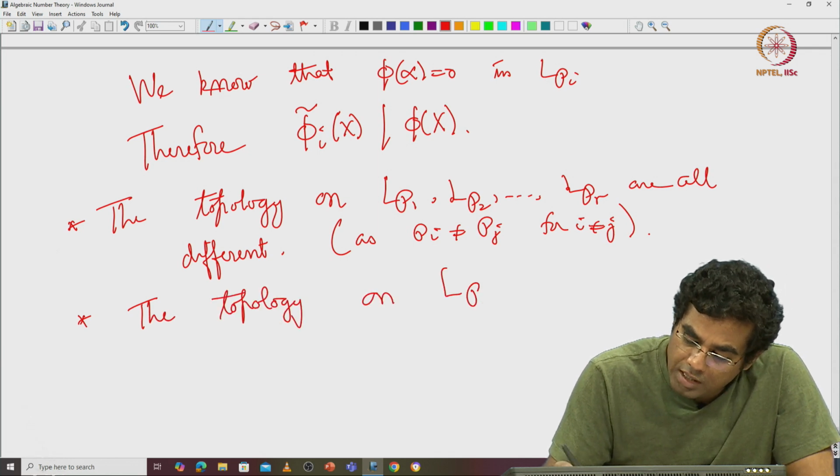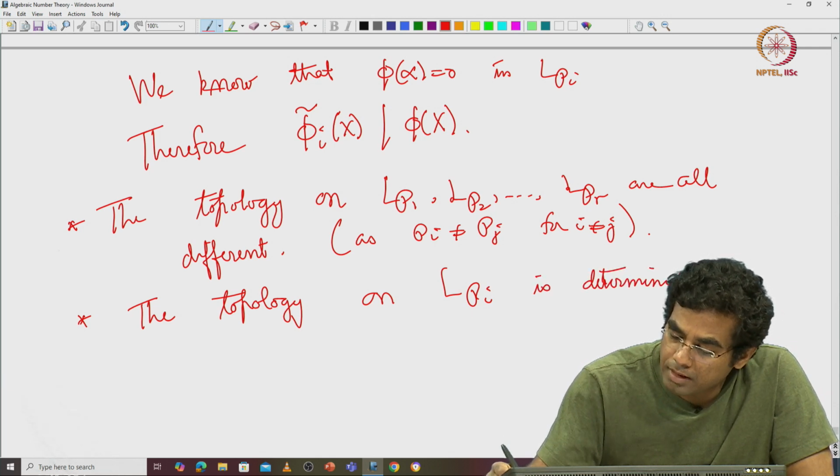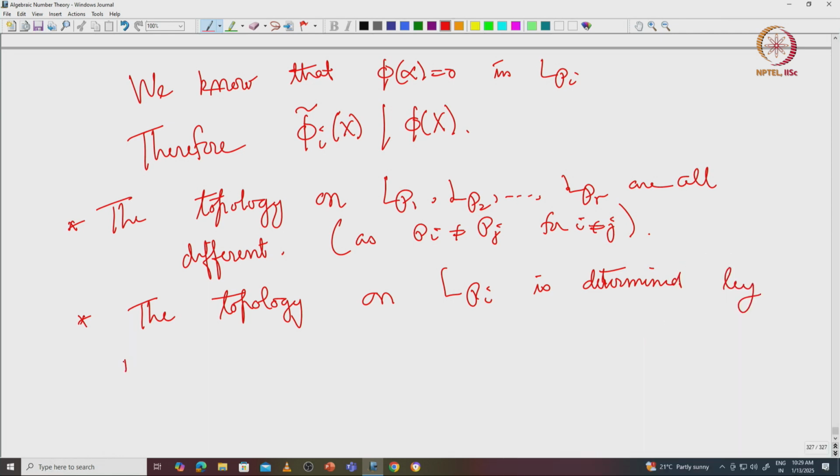So, that is one point, but the second point is that the topology on L_{P_i} is determined by the topology on K_p and phi_i tilde of x, right. So, why is that? Well, this is again a subtle point.